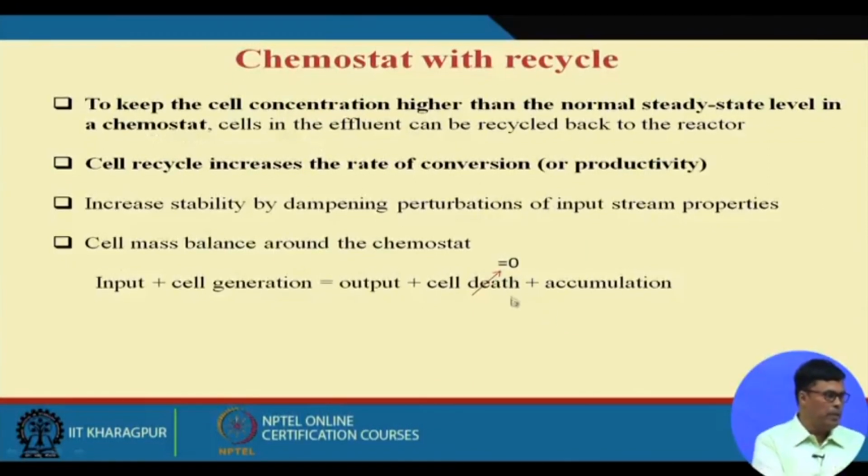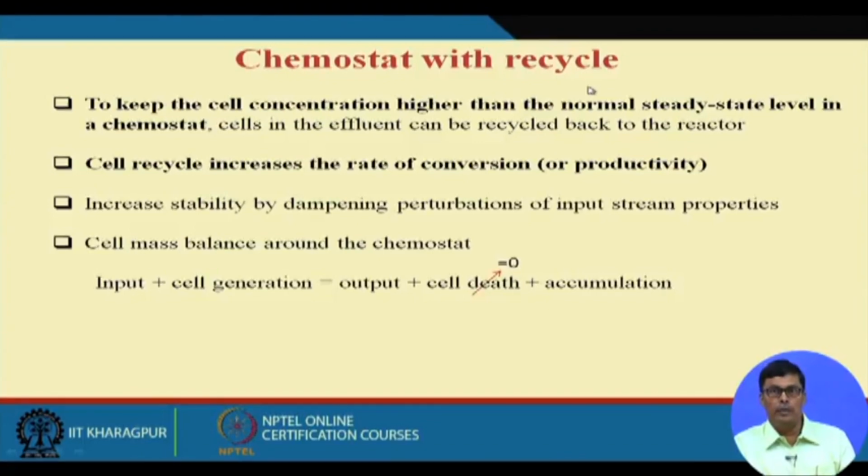Now let me discuss how you can analyze the chemostat with cell mass recycling, because the major drawback of the chemostat can be overcome by recycling, and this is adopted by different industries.